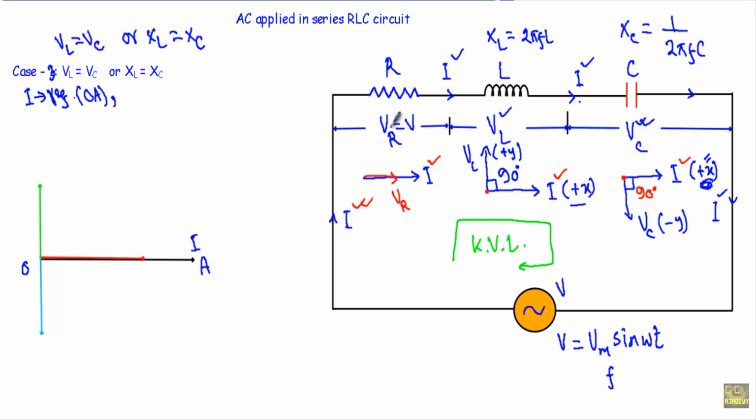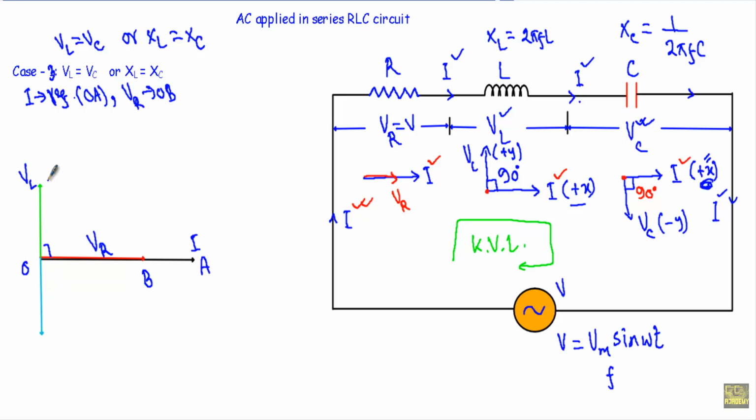The voltage phasor VR will be in phase with I. Therefore, I will denote VR with OB, and this will be in the same direction as our reference current I. Okay, see, VL will create a 90-degree angle with current I. Therefore, I will take VL in this direction.